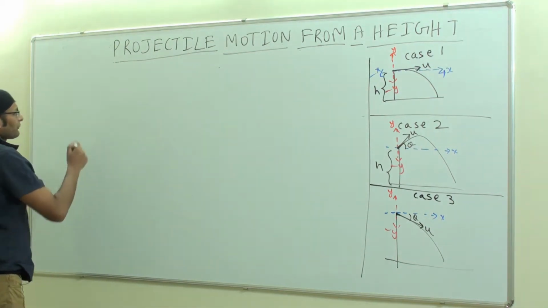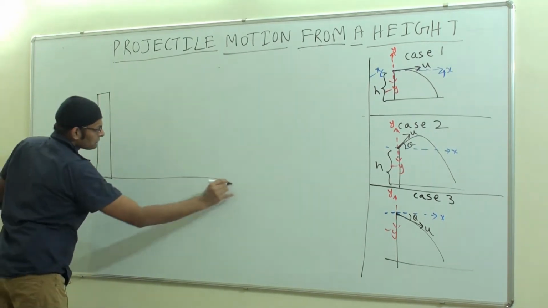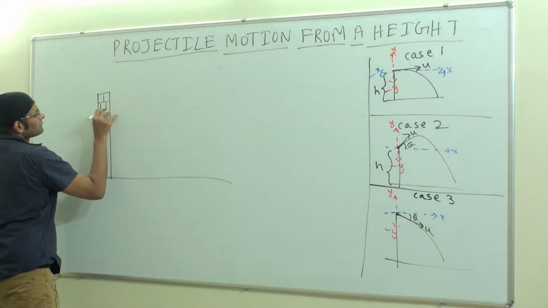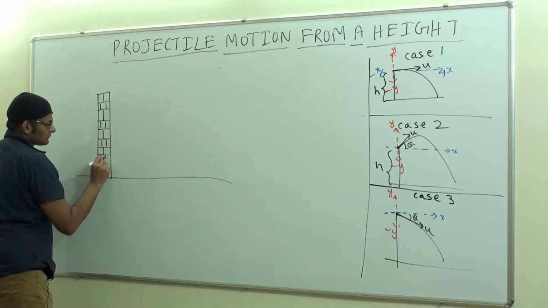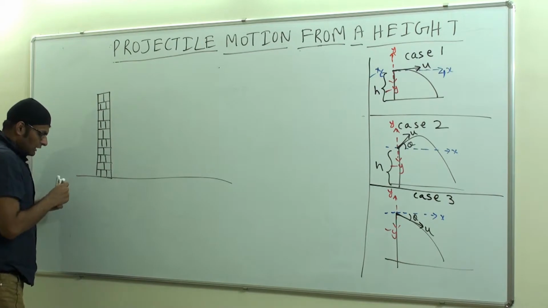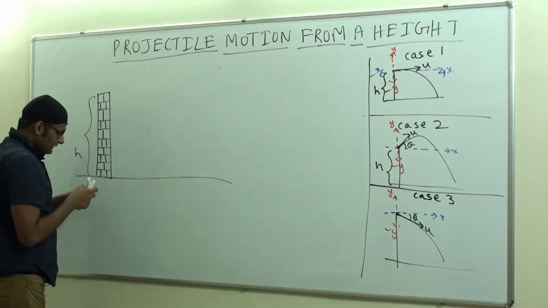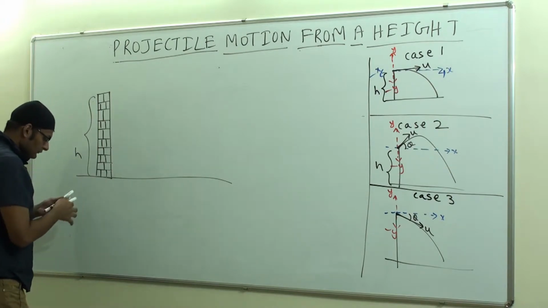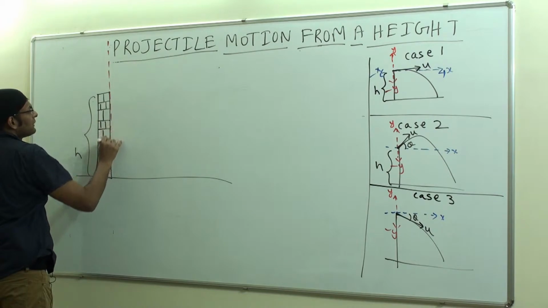In case 1, I am going to draw a tower. This is the top of the tower of height h, and let's take this to be the vertical axis.